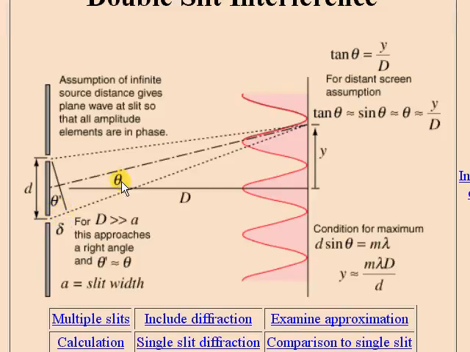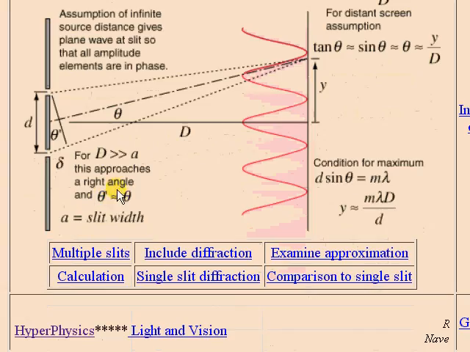But in the case when capital D is much larger than lowercase d, it turns out that you make the approximation that this angle theta, which is kind of the same as this angle up here, all of these angles are quite small. And you also make the additional assumption that this theta and this theta prime are the same. That's what's being said here.